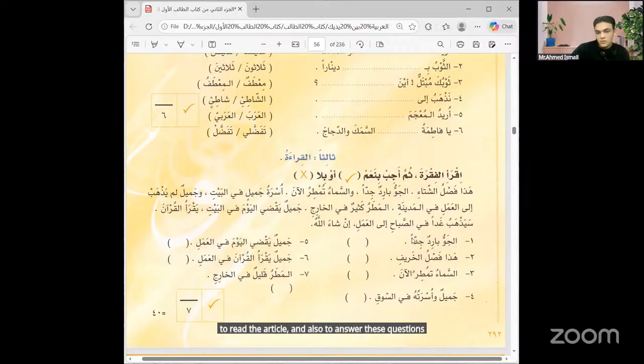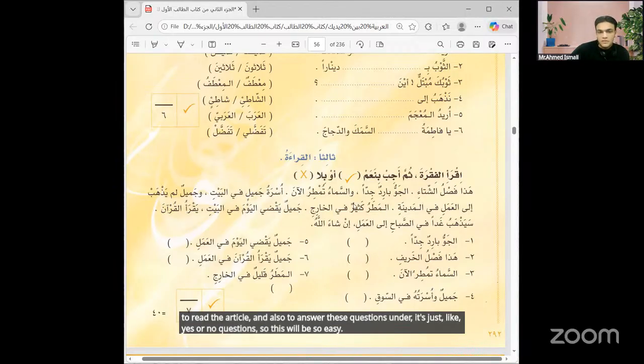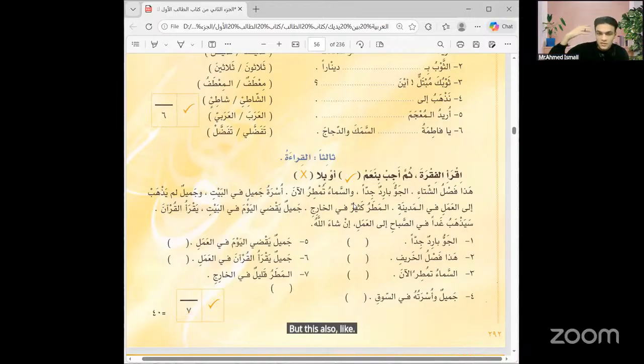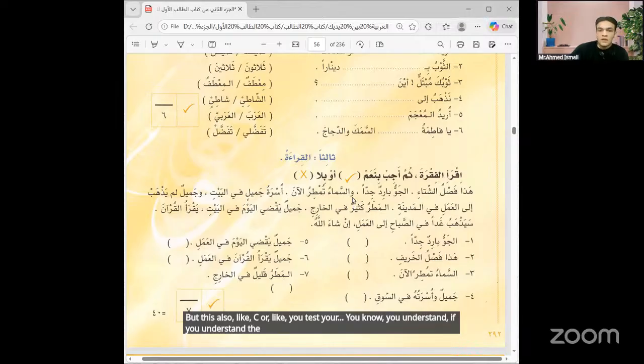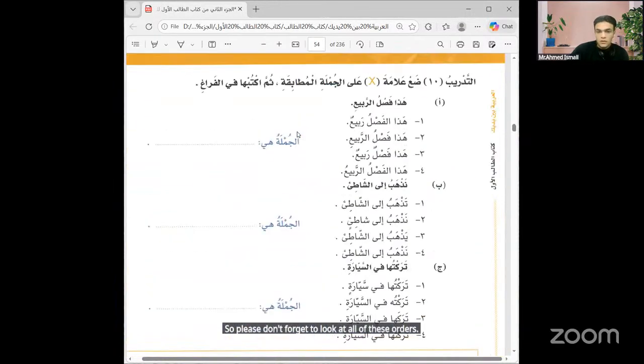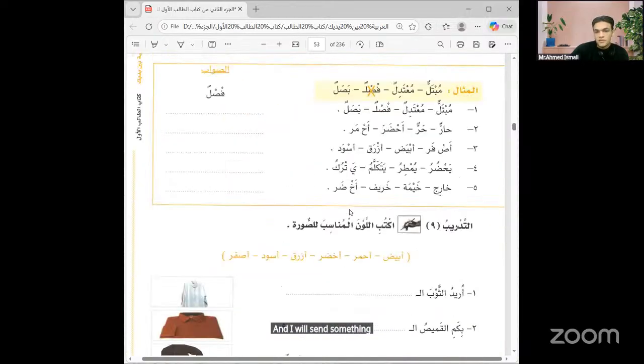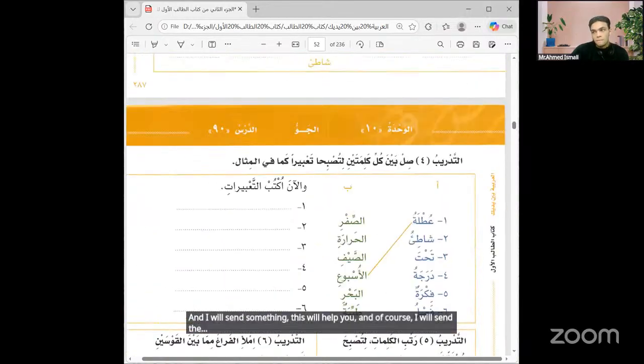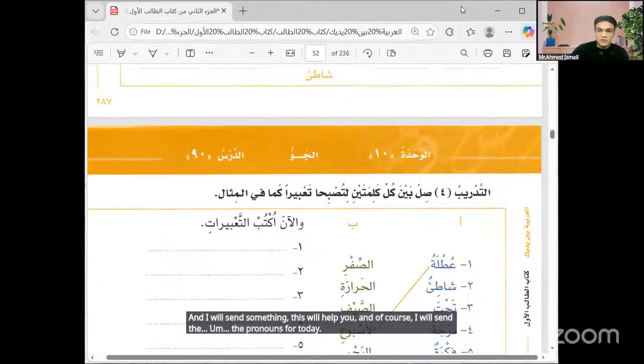It's just a yes or no question, so this will be easy. But this also tests your understanding, if you understand the حوار or not. So please don't forget to look at all of these words, and I will send something that will help you. And of course I will send the pronouns for today, the picture of it, so don't worry about that.